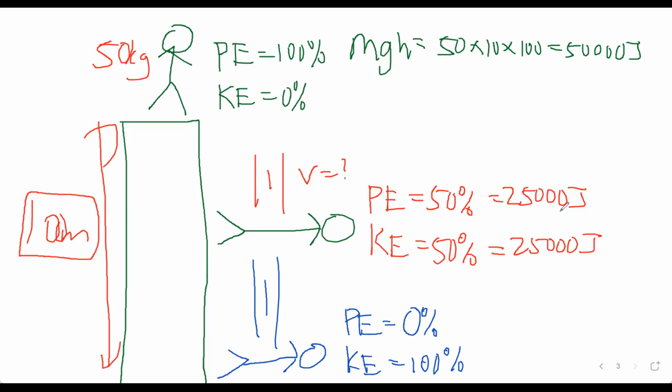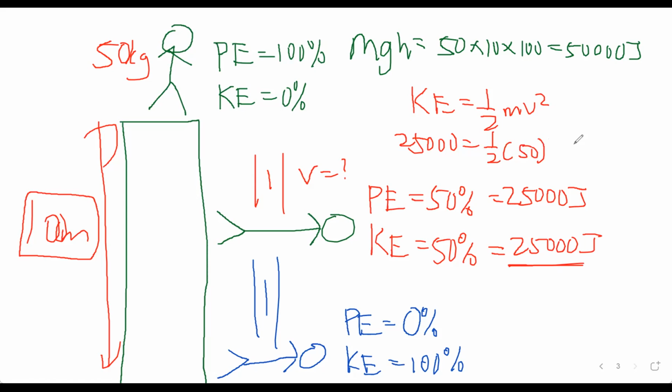Right. So this is where I can start calculating my kinetic energy already, because I know the kinetic energy right now is 25,000. Then I can do the half mv square formula. Kinetic energy is equal to half mv square. In this scenario, it will be 25,000 is equal to half multiplied by 50 multiplied by my v square. Press this in your calculator, tell me how much is v.